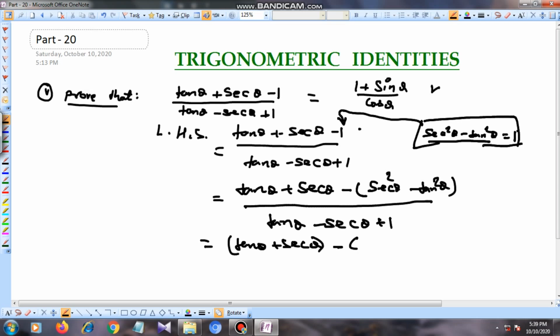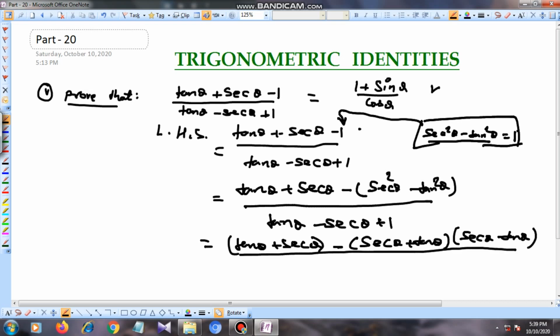So we can write sec theta plus tan theta and in another bracket sec theta minus tan theta, upon tan theta minus sec theta plus 1, right?